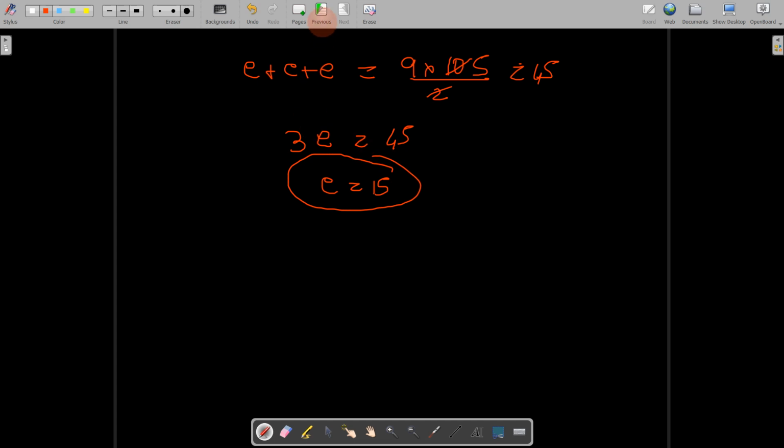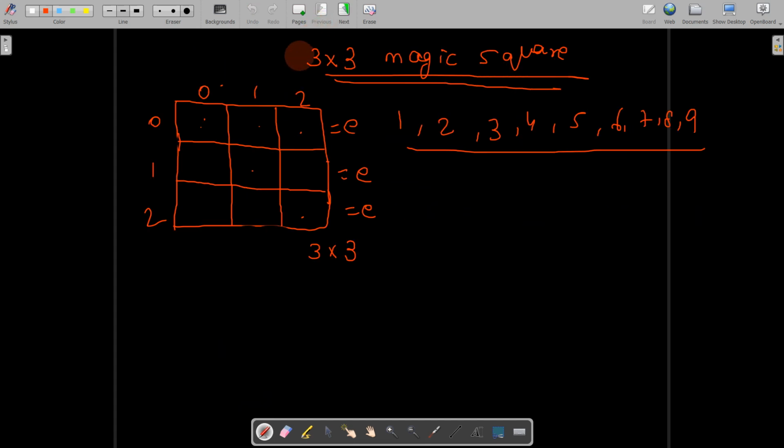So for a 3 cross 3 magic square, this result is true only for a 3 cross 3 magic square. The sum of all rows will be equal to 15: first row 15, second row 15, third row 15. The first column's sum would be 15, second column 15, third column 15.